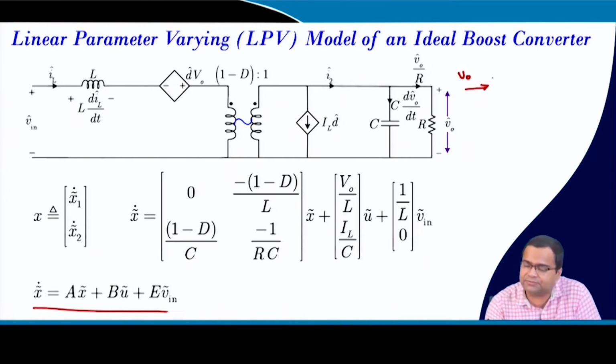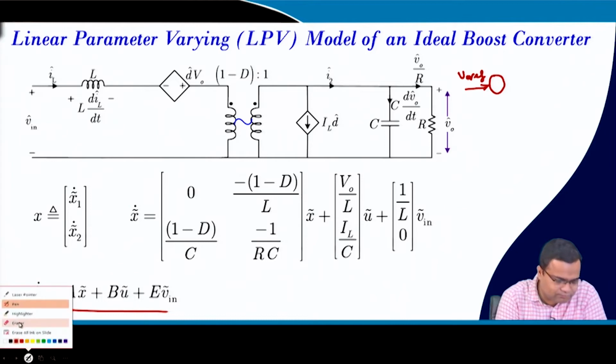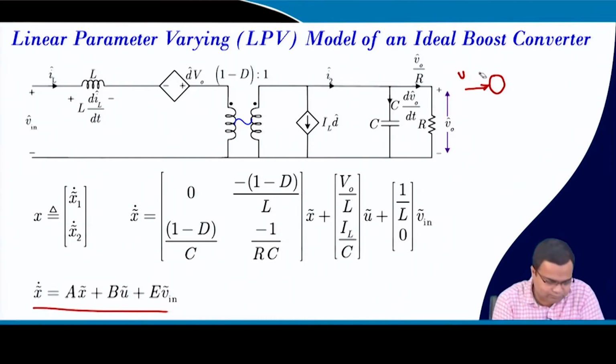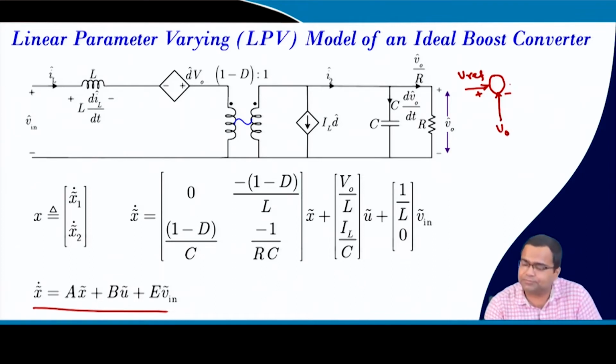output voltage feedback, sorry, this is my reference voltage, this is my reference voltage. So, this is my reference voltage, this is plus, and this is, let us say, my output voltage. So, I am not drawing the complete circuit.